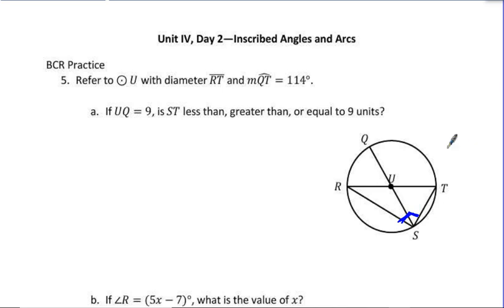The measure of arc QT is 114 degrees. And if UQ is 9 units, is ST less than, greater than, or equal to 9 units is the question.